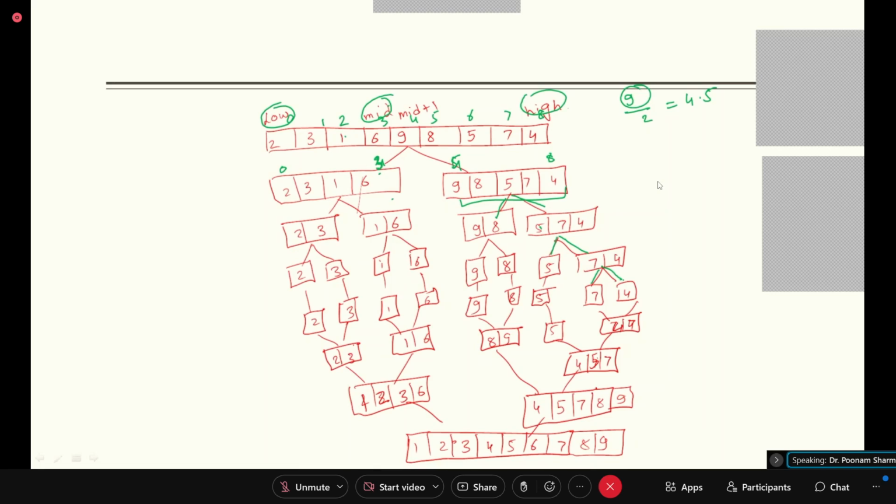Okay, while combining also it will happen that when you are combining, here already 2 are there, 2 will be combined, then 3 will be combined as one array, then 5 will be combined as one array, and finally all the values will be combined.